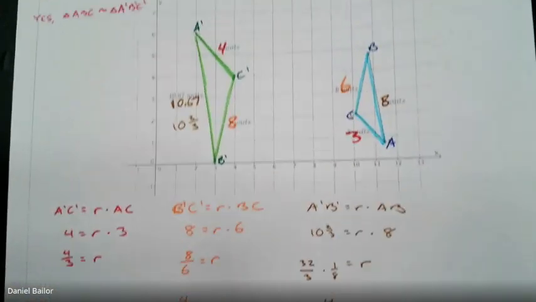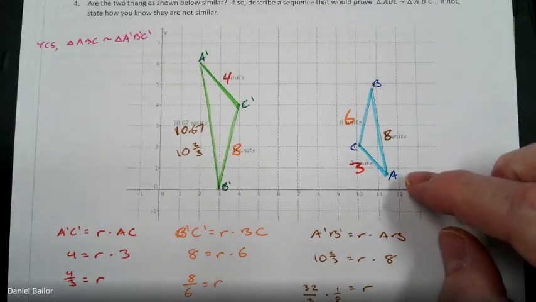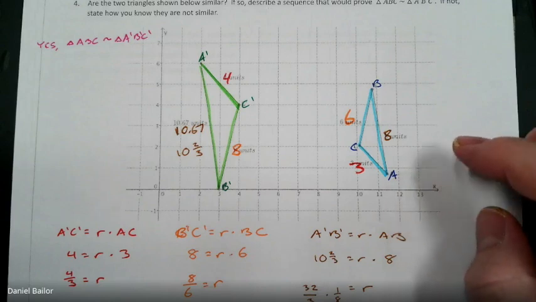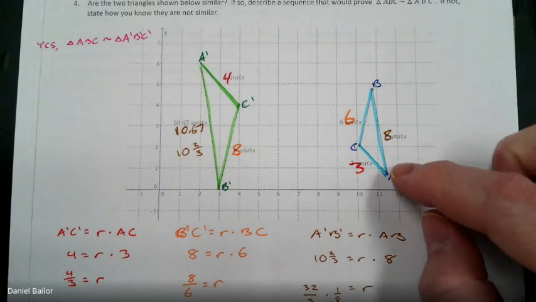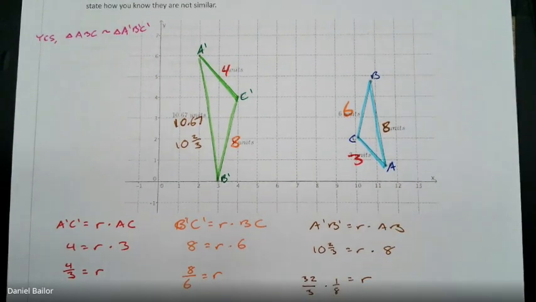Now I need to prove it by telling you what sequence to follow. So let's look at this and try to figure out how we are going to move it back to where it goes. The first thing we're going to do is multiply everything by 4/3. Now you're going to see this is a little bit tricky because the points are not exactly on. The first thing we have to do, remember, always size first.